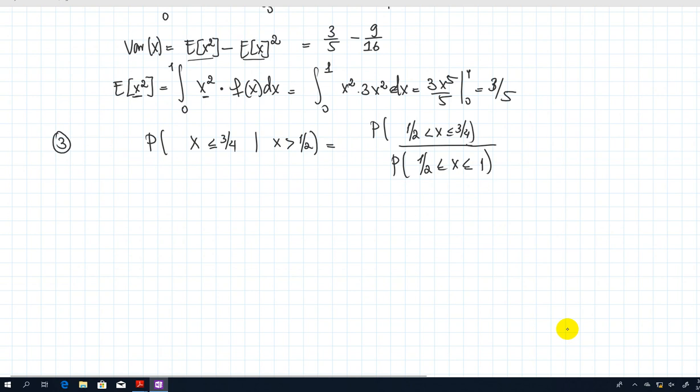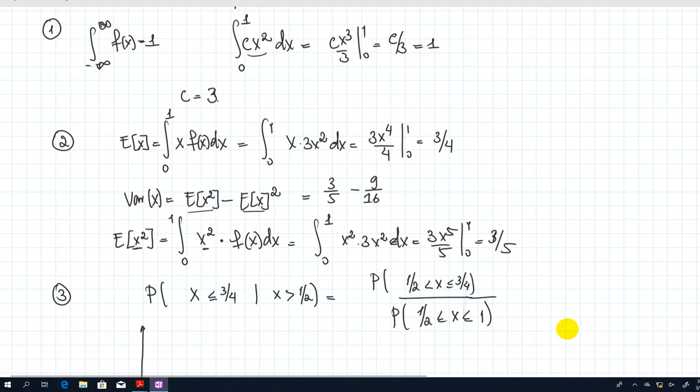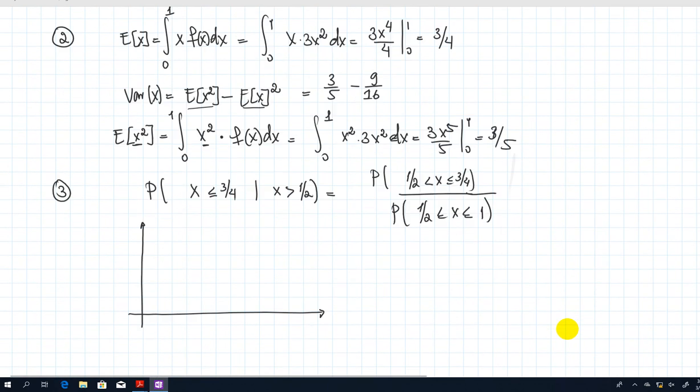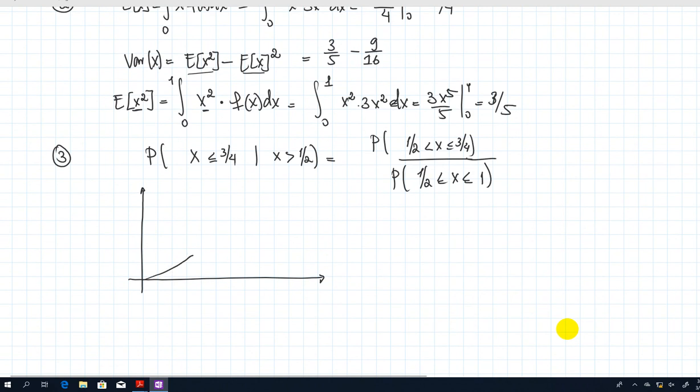What I'm asking you geometrically is like this. There is some curve. The density function 3x squared is some parabola like this. I'm asking you, x changes from 0 to 1.